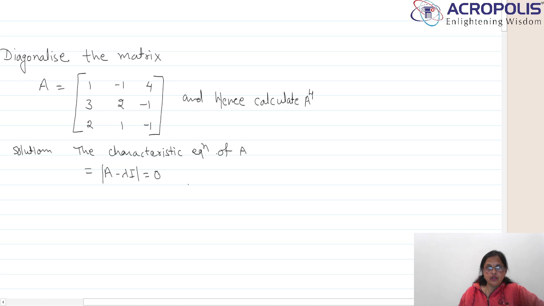As I already told you, we directly use the eigenvalues and eigenvectors. So if we solve these equations, we get lambda equal to 1, minus 2 and 3. This is our eigenvalues.